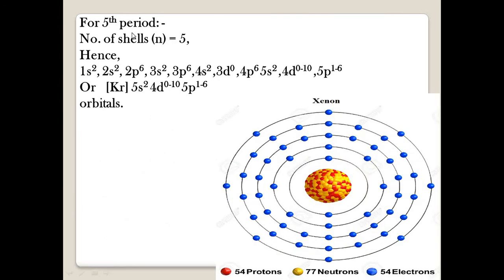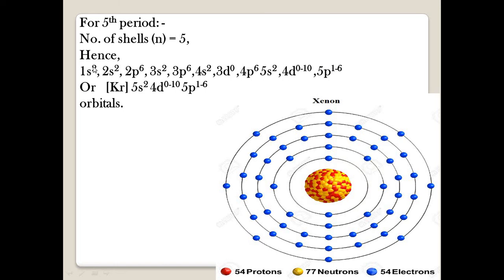Let's see another example, n is equal to 5. So hence 1s2, 2s2, 2p6, 3s2, 3p6, 4s2, 3d 0 to 10, 4p6, 4d 0 to 10, then 5p 1 to 6.